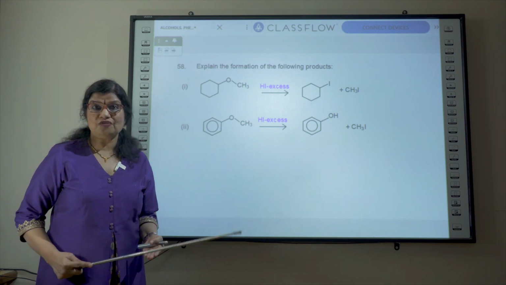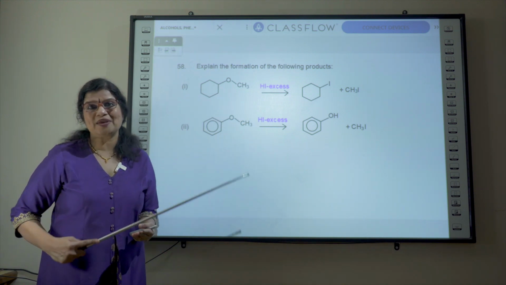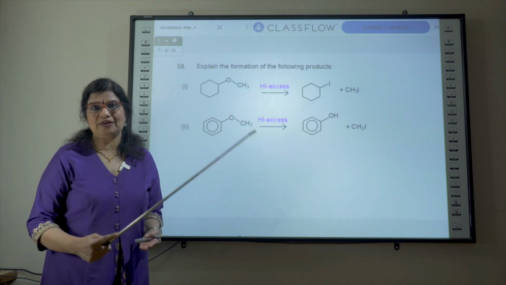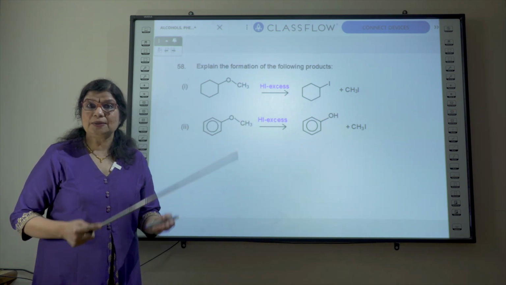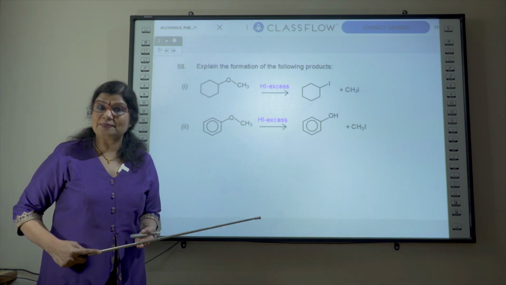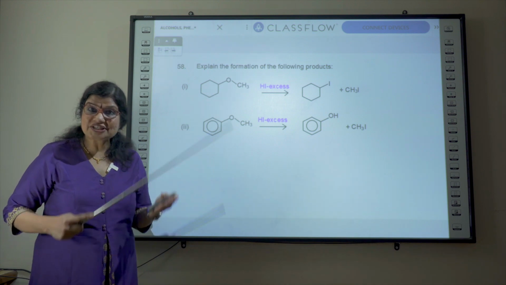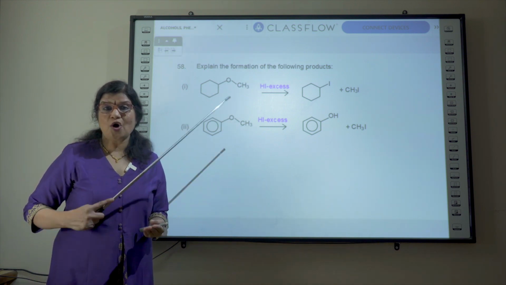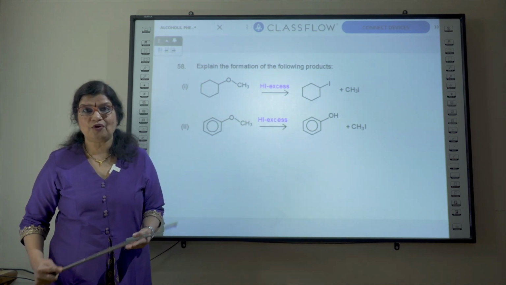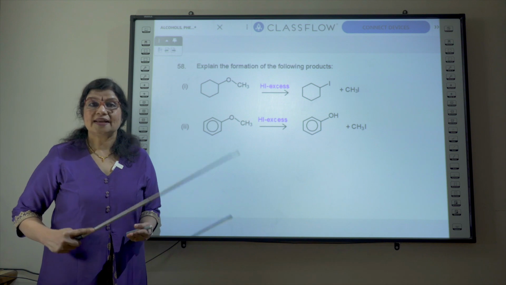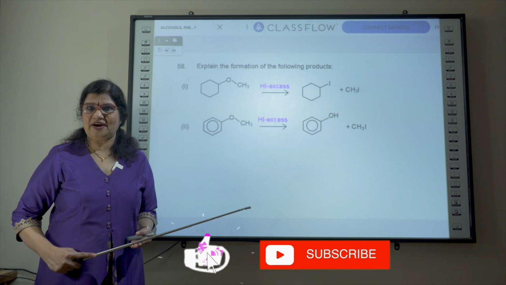So in the context of formation of these highly stable carbocations, the SN2 pathway is not followed, the SN1 pathway will be dominant. And the nucleophile will get attached to the more stable, more bulky alkyl group, namely the tertiary alkyl, benzylic or allylic group. So the nature of the alkyl group attached to the oxygen of the ether will play a role in deciding the pathway followed. And different SN pathways lead to different attachments of the nucleophiles.